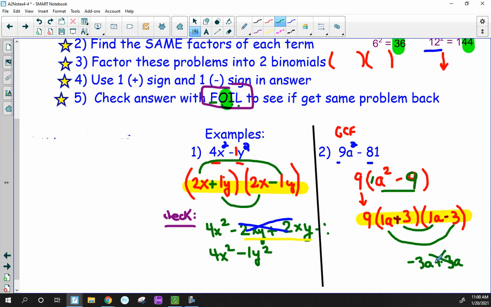And those should cancel for you. And that's a good thing because in this problem right here, follow my cursor, there is no a to the first term. And so that's what happens in DOS. When you check, the outside and the inside, which is called the OI in FOIL, should cancel for you, and the F and the L should be the remaining part.